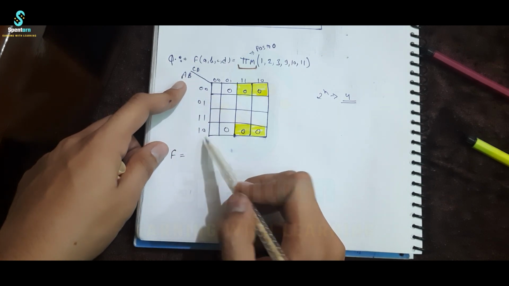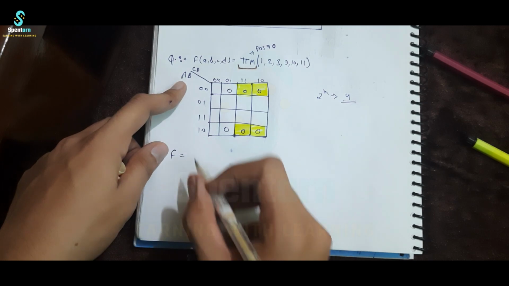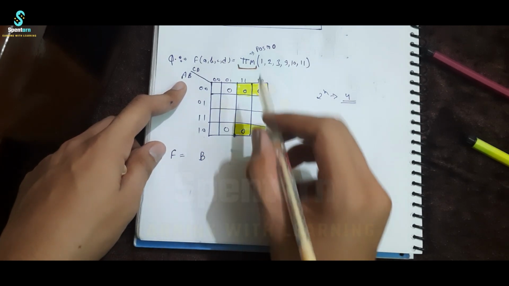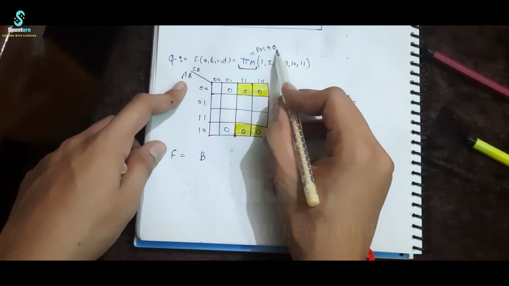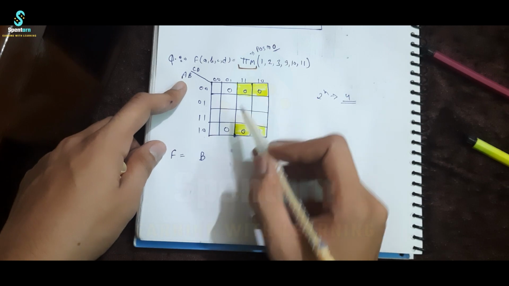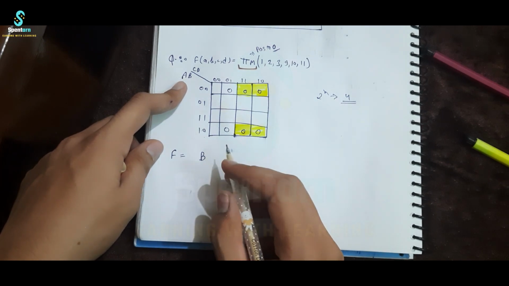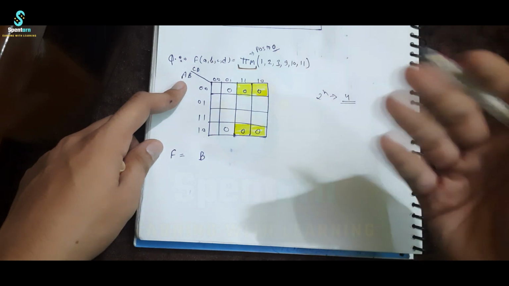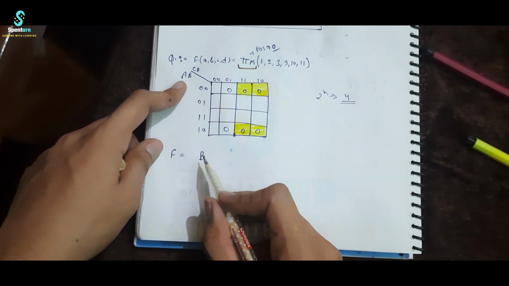As it is 0 0, what can we write? We can write it as B, not B bar this time, because we are doing it in the POS format. It is already known that we are directly putting the values 0 0, so we don't have to take the complement in the POS format. But if it was SOP, then definitely we have to take the complement, right?